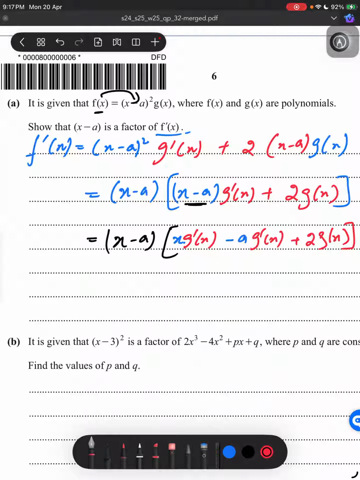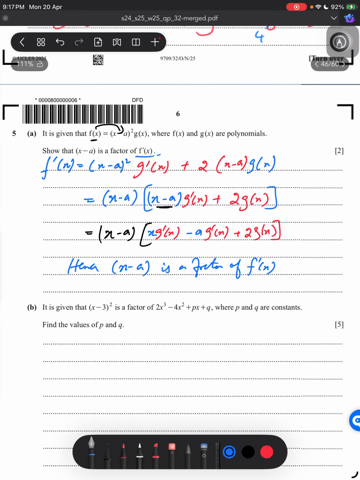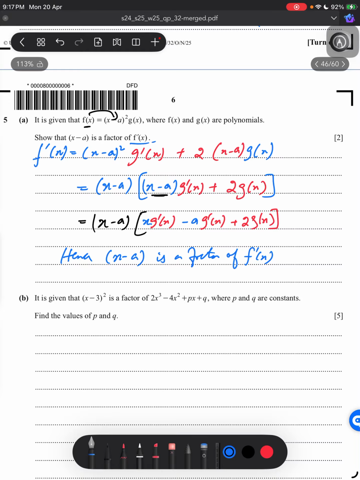So we can say that it's a factor of this, and this proves it. It was a 2-mark question. It was easy.